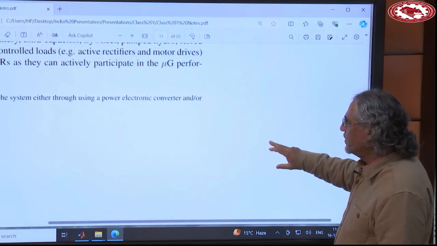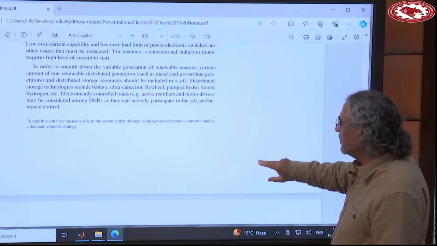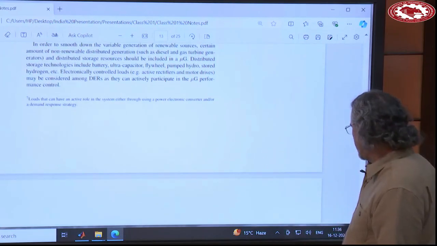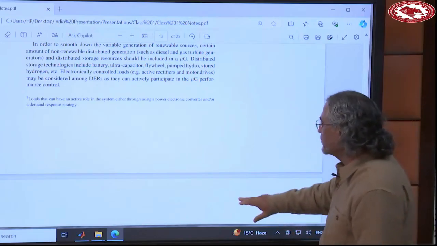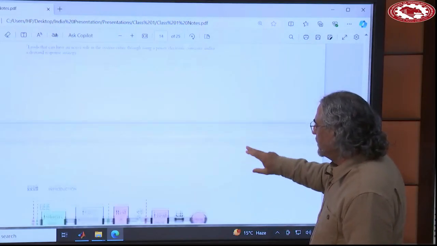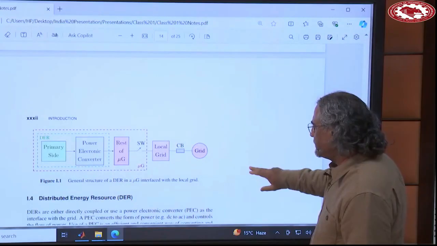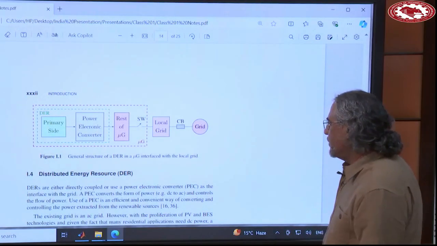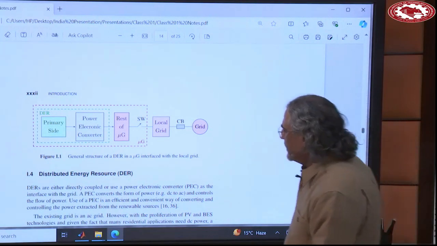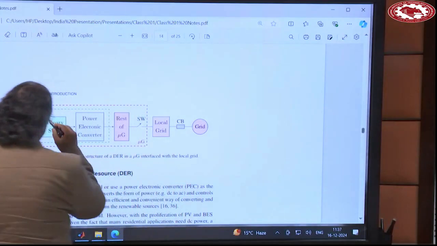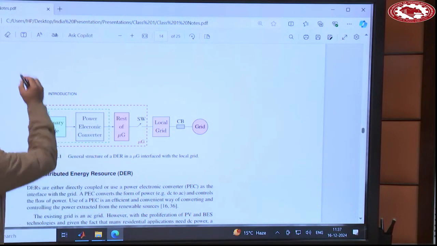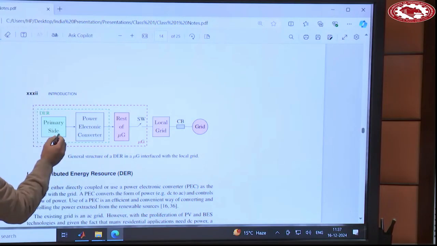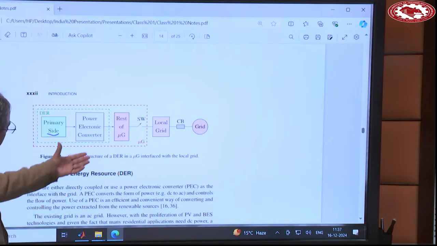We already alluded to the topic of storage. Storage is not necessarily only battery energy storage. We have different types of storage, discussed here, so you can read that. In this diagram, in every distributed energy resource we have a primary side here, then a power electronic converter, and then the rest of the network.